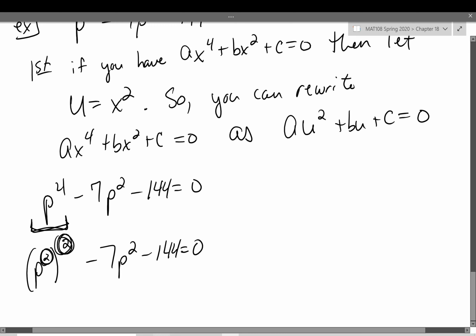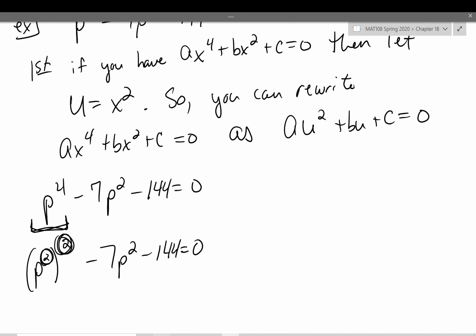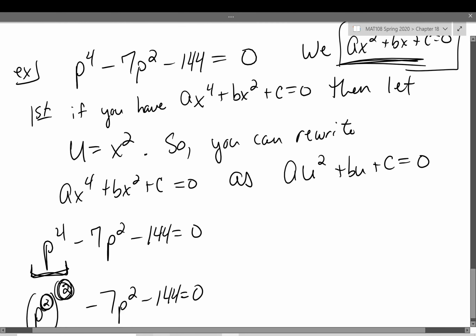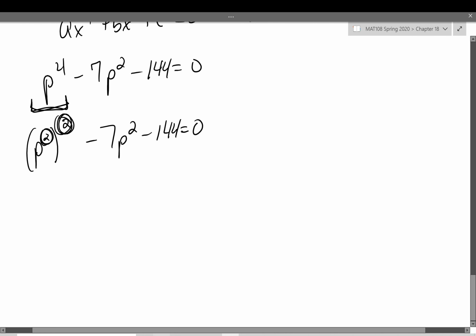To save us some work, if I recognize that I have the ax to the 4th plus bx squared plus c form, I'm going to let p squared equal u.